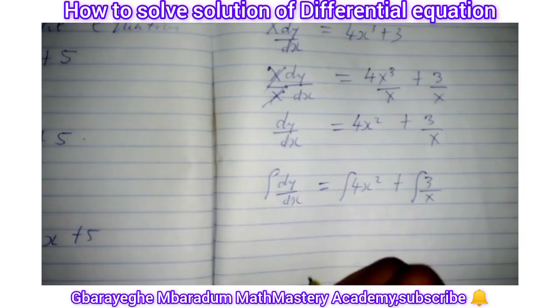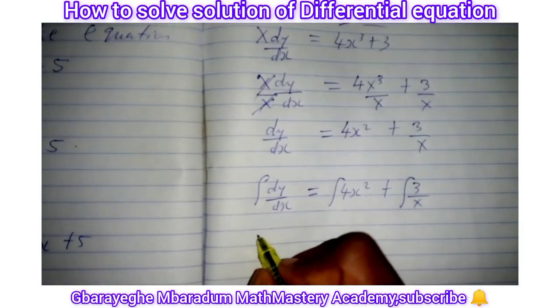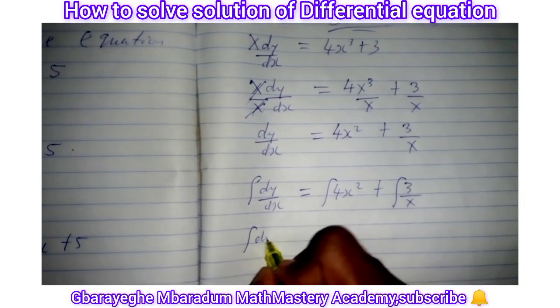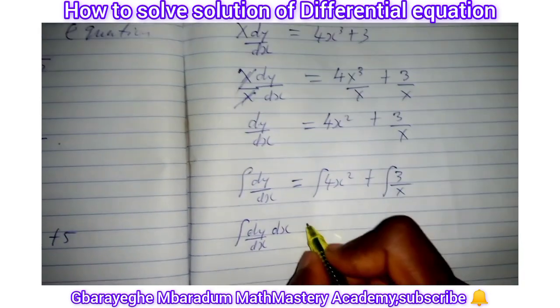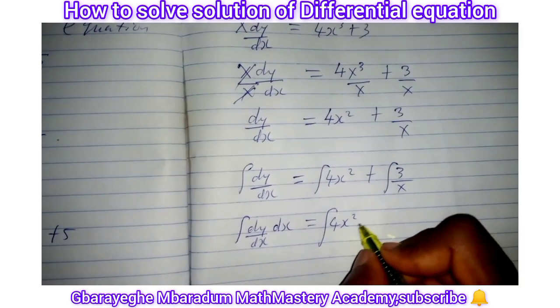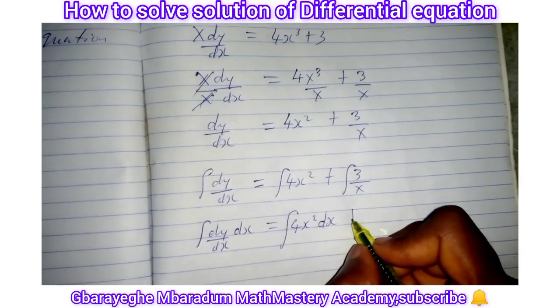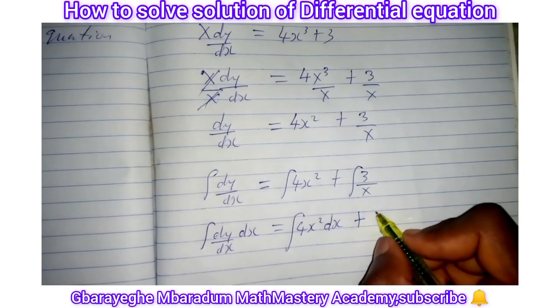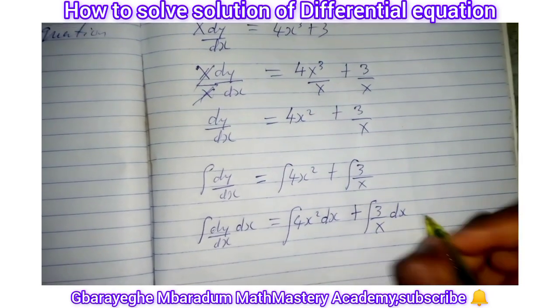What we are going to do now is that we are integrating with respect to x. So we integrate each of them with respect to x. We are going to have dy over dx with respect to x equals the integral of 4x squared with respect to x, then plus the integral of 3 all over x with respect to x.